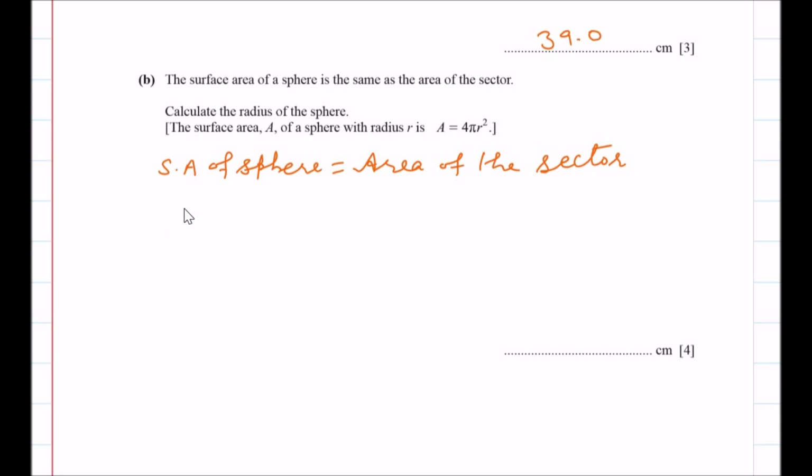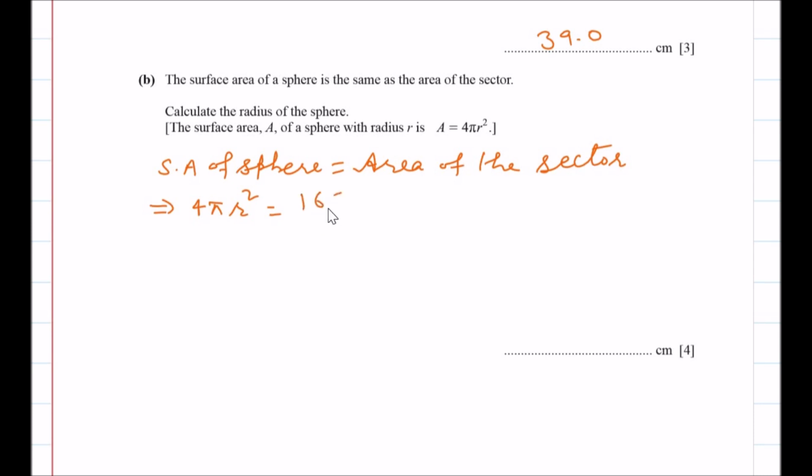Okay. So, area of a sphere is given by 4 pi r square. That is equal to area of the sector.